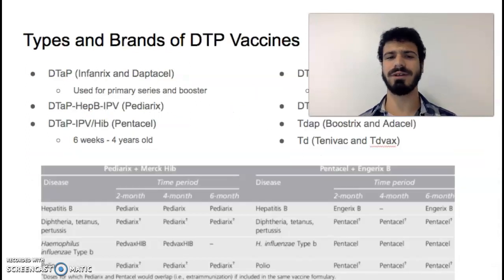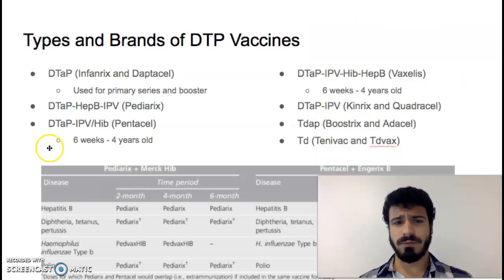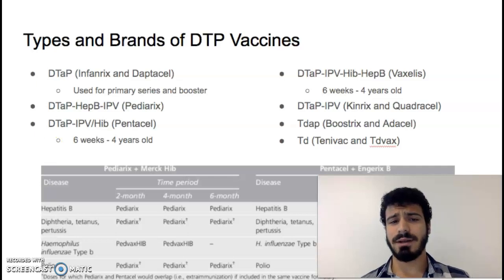So there are different types and brands of the DTP vaccines. For the DTaP, there's various different combinations. There's the regular DTaP, just those 3 components, and then there's the DTaP with Hep B and IPV components.